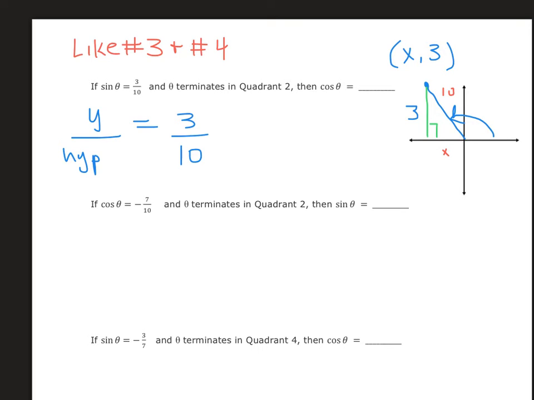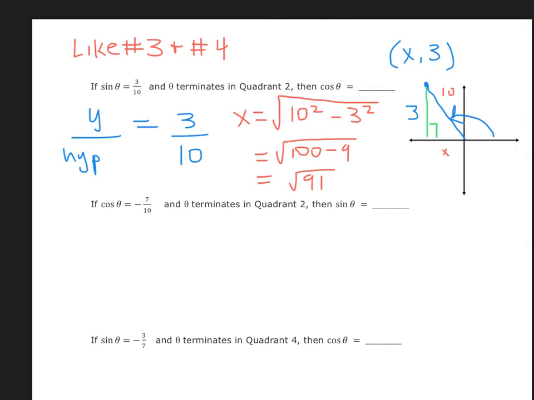Solving for x using the Pythagorean theorem, it's going to be the square root of the hypotenuse squared minus the one side that we know, y squared. So we get x equals the square root of 100 minus 9, so x is equal to the square root of 91.